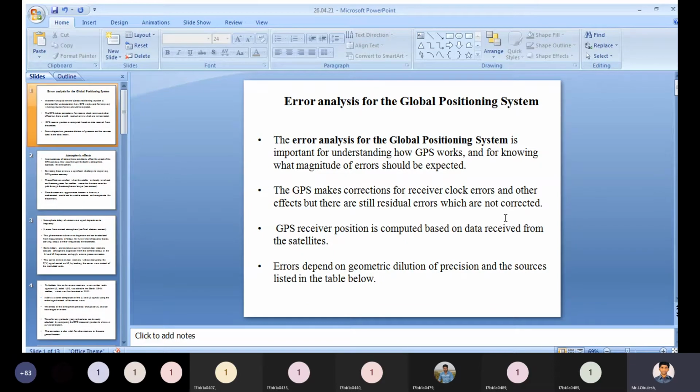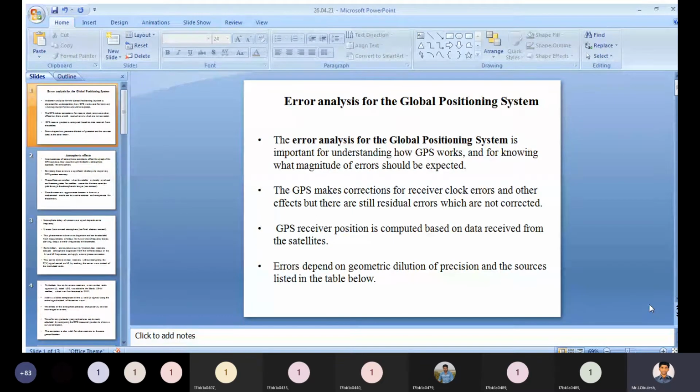So I don't want to repeat again and again, you just need to remember. Most of us use the global positioning system every single day.